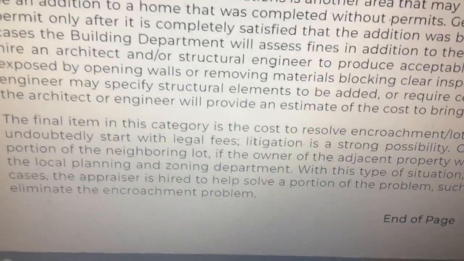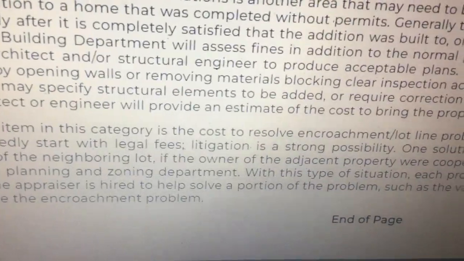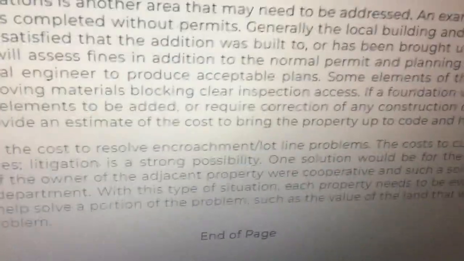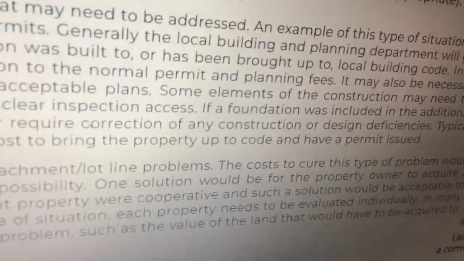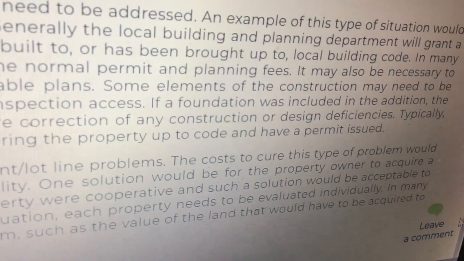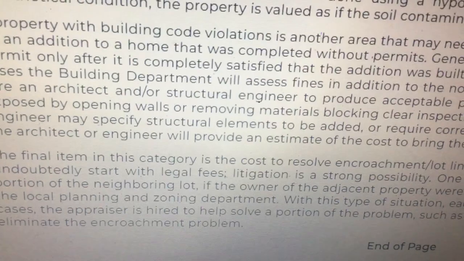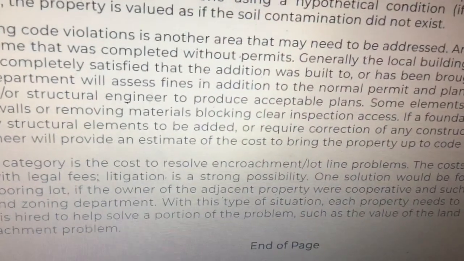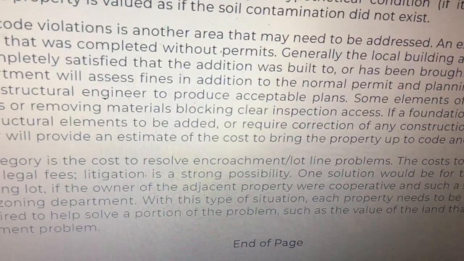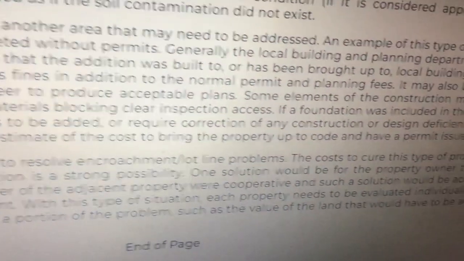The final item in this category is the cost to resolve encroachment/lot line problems. The costs to cure this type of problem would undoubtedly start with legal fees. Litigation is a strong possibility.